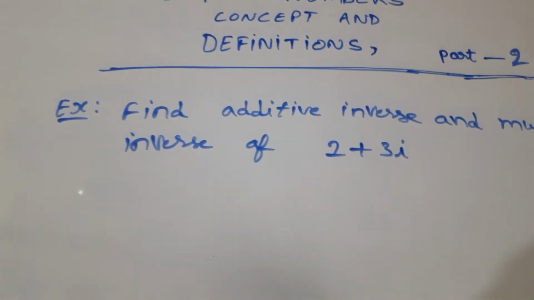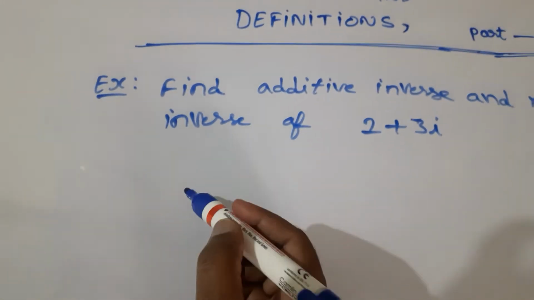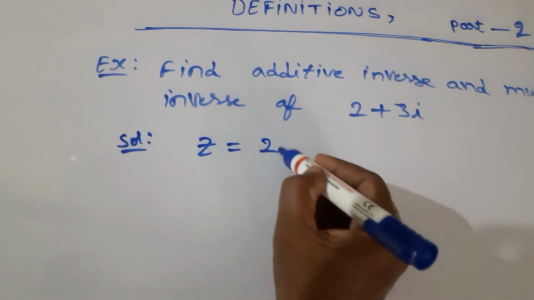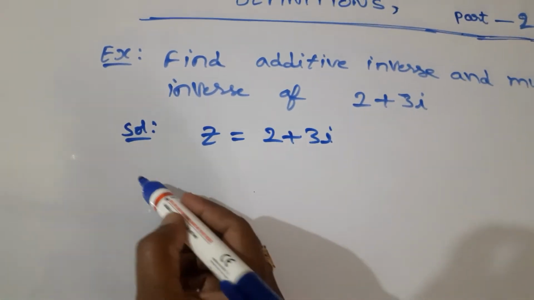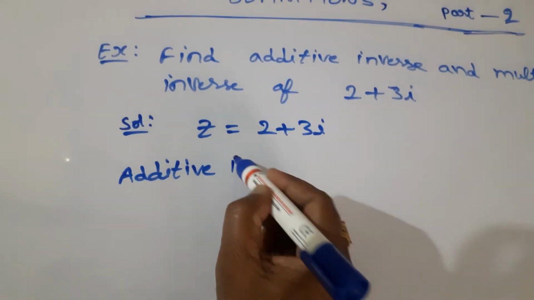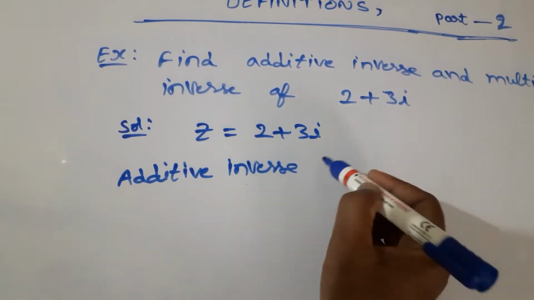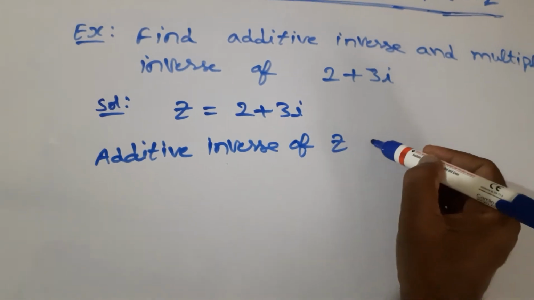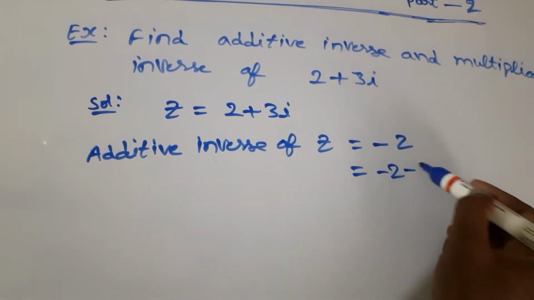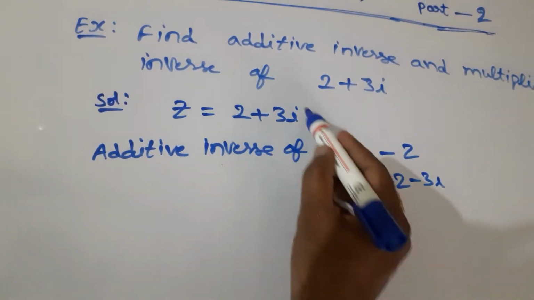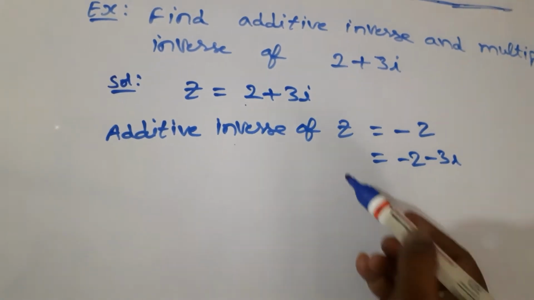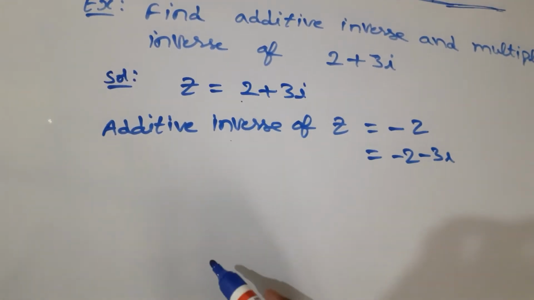The complex number 2 plus 3i. How to calculate this? Let z is equal to, first you take z is equal to 2 plus 3i. How to calculate additive inverse of z? Additive inverse of z equal to minus z. What is minus z? Minus 2 minus 3i. This minus multiplying to both real part and imaginary part. So it becomes minus 2 minus 3i. This is additive inverse of z.